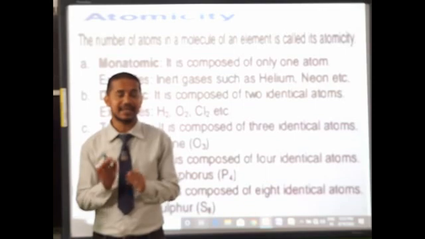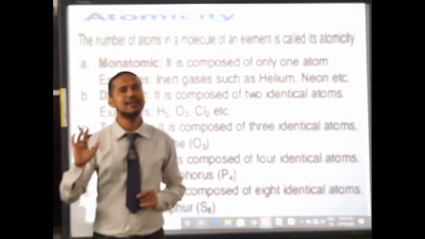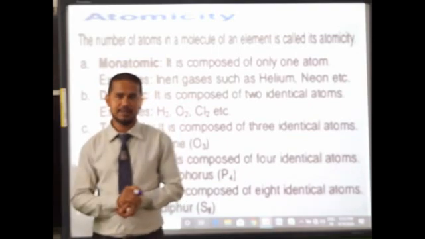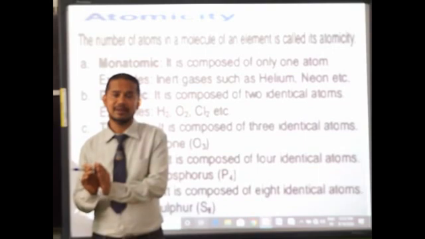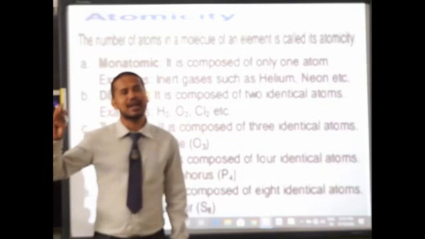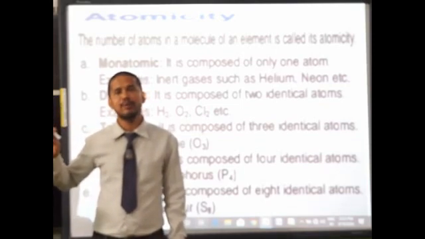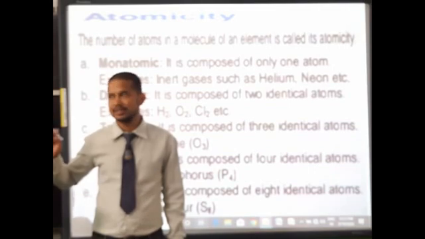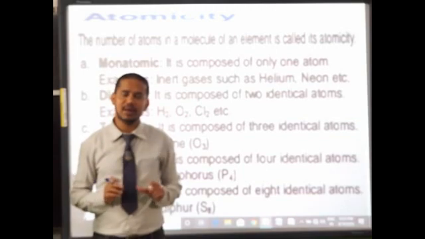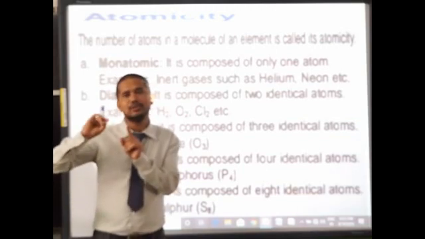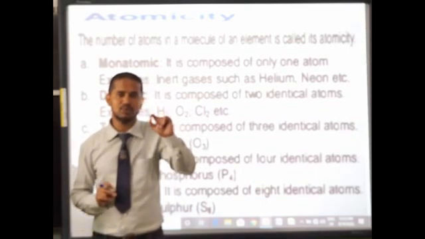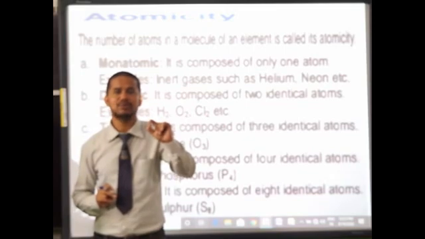In class 7 I told you there are exactly 7 diatomic elements: nitrogen, hydrogen, oxygen, chlorine, fluorine, bromine, iodine. Their molecular formula can be written by writing 2 as a subscript in their symbol: H2, N2, O2, Cl2, I2, F2, Br2.